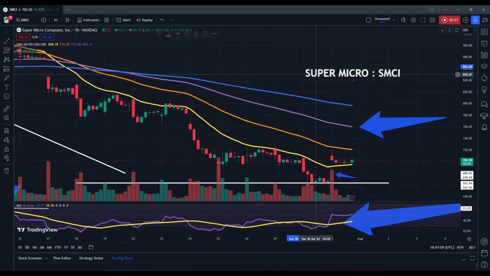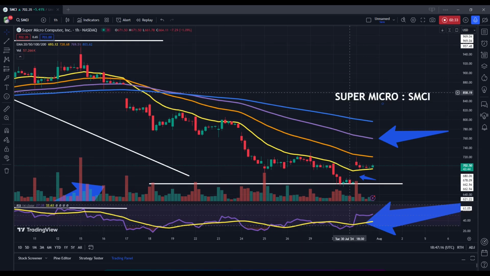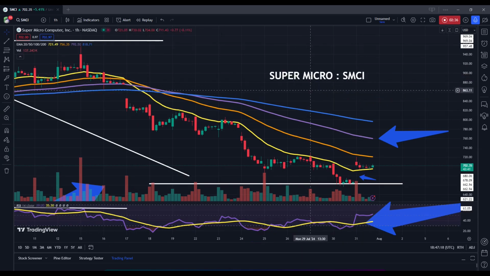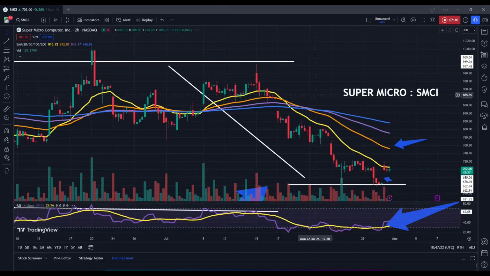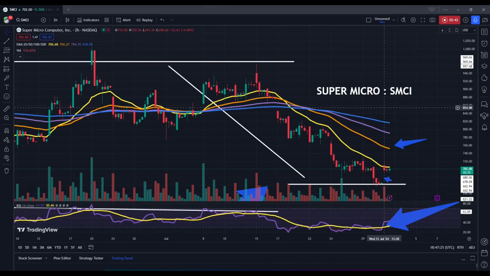Yesterday, we did see quarterly earnings reports from Microsoft and Advanced Micro Devices, AMD. This is the Ryzen CPU manufacturer. In both cases, those stocks did manage to beat market expectations with their earnings figures.